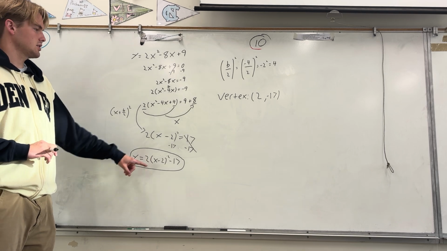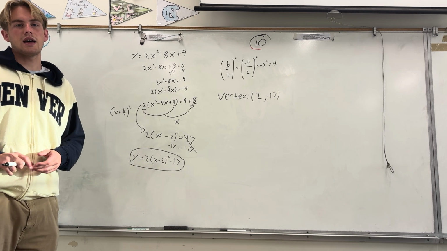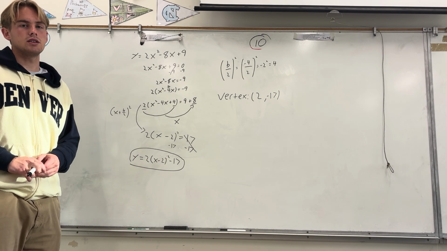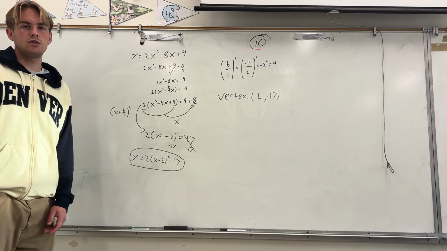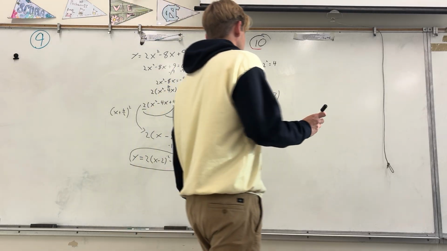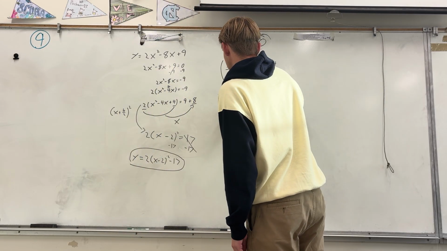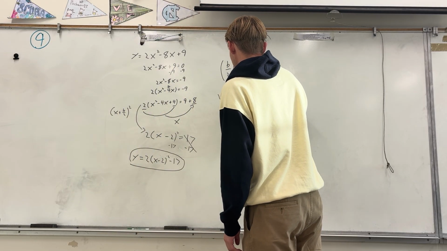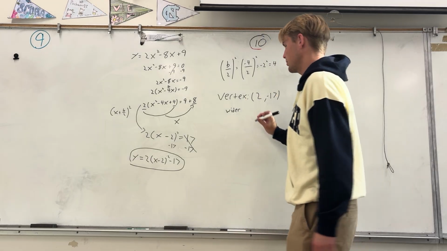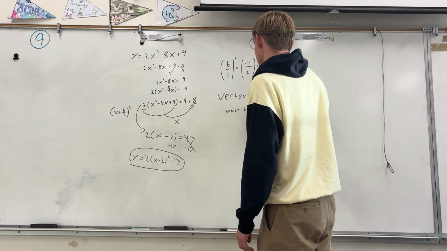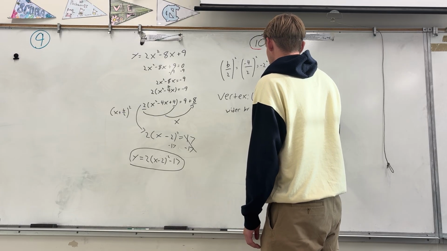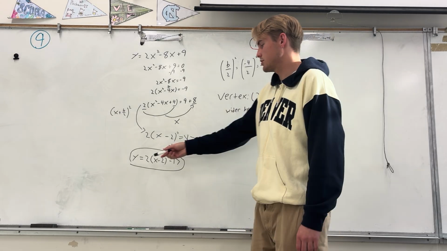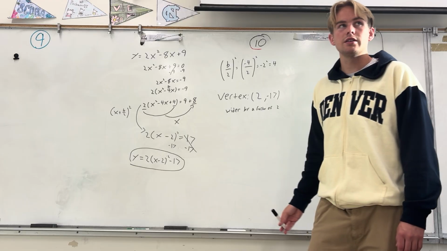If it's a fraction, if it's less than 1, like 1/2, then it would make the graph wider. Here, we have a whole number that's greater than 1, so we know that the graph is gonna be wider. You just put wider, you can put wider by a factor of 2, since it's a 2 out in front that's making it wider.